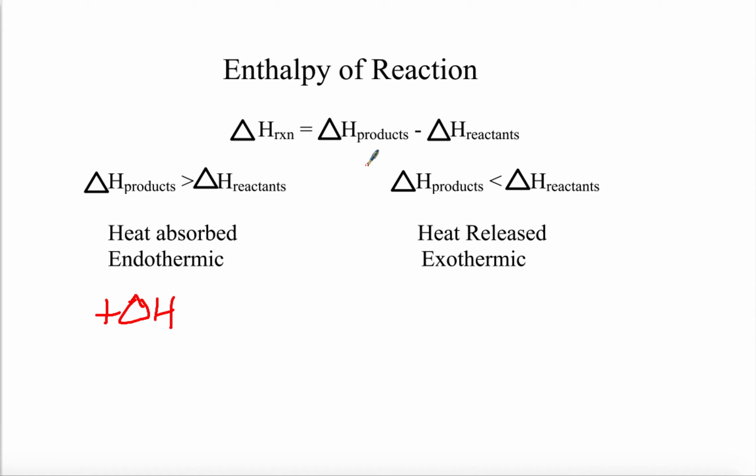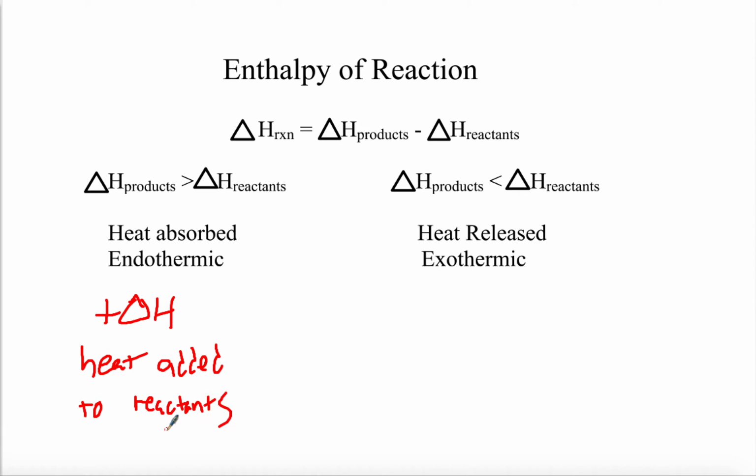Well, if the products now have a higher heat than the reactants, it means heat was added to the reaction, which means heat was absorbed, or a reactant. Okay, so we're going to put heat added to reactant side, because it had to be absorbed.